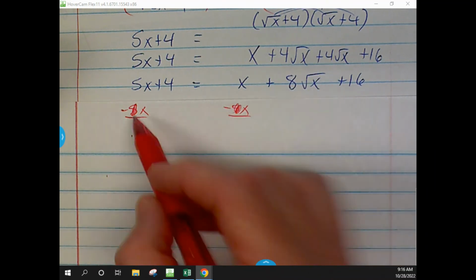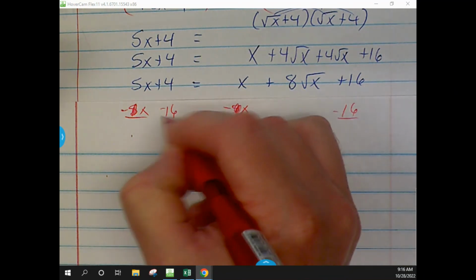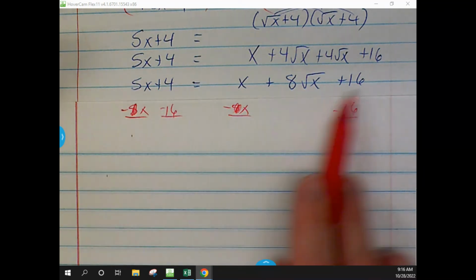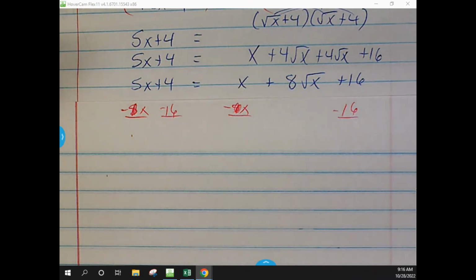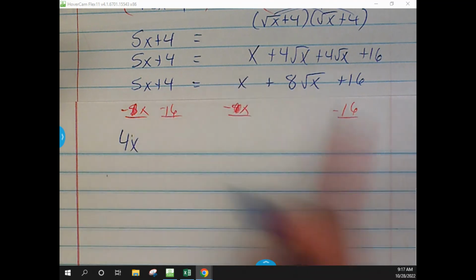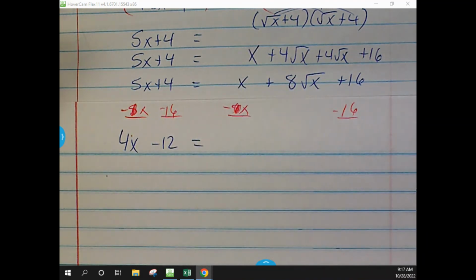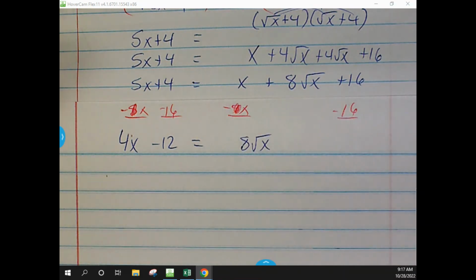Let's move the x over here, and let's move this 16 over here. Because we've got this equation, and it's got a radical in it, we've got to get this radical by itself. Okay, so if we do that, we've got 4x minus 12 equals 8 square root of x.